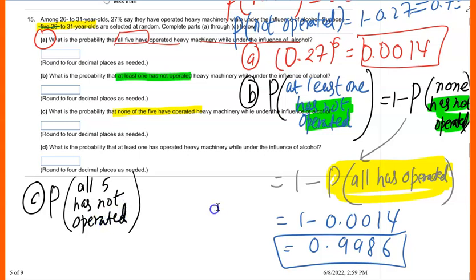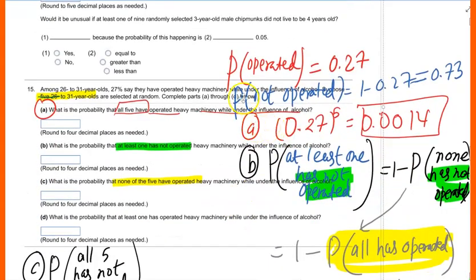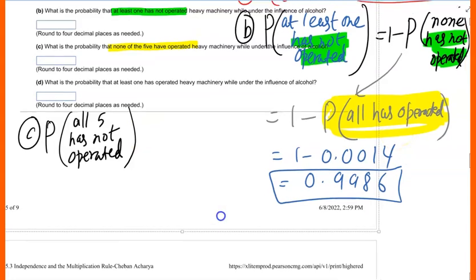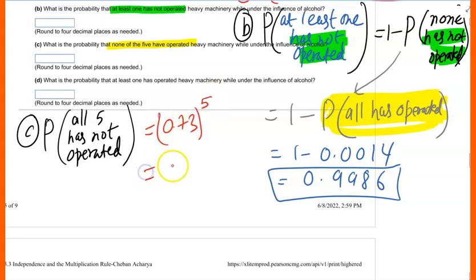And notice that the probability of not operated is 0.73. Therefore, for this one, we find the probability by multiplying 0.73 five times, and that gives you 0.2073, rounded to 4 decimal places.